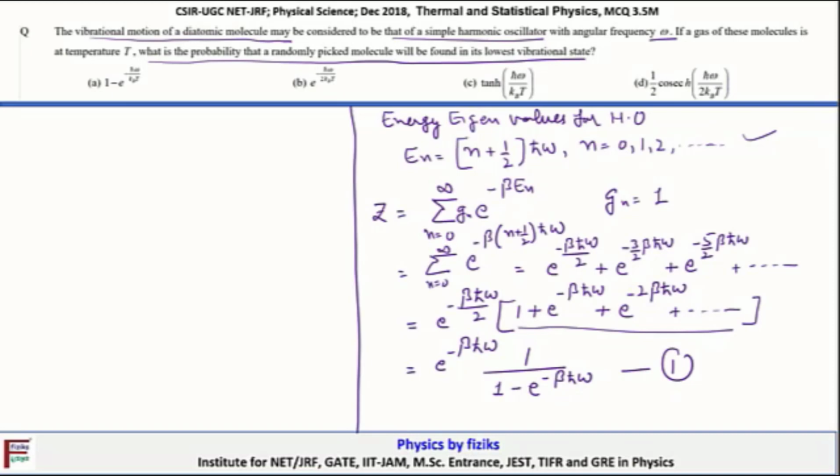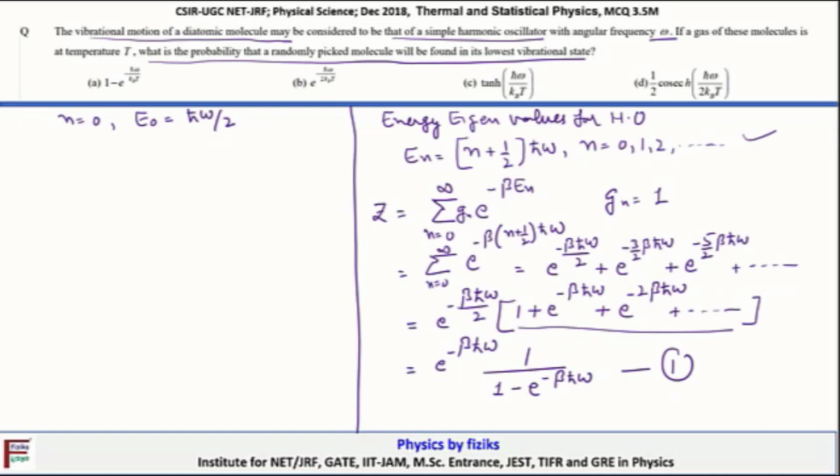Now we have to find the probability of finding a randomly picked molecule in its lowest vibrational state. The lowest vibrational state is given when n is equal to 0, so E0 represents the lowest vibrational state of the oscillator, or the diatomic molecule. So E0 is equal to h cut omega by 2.